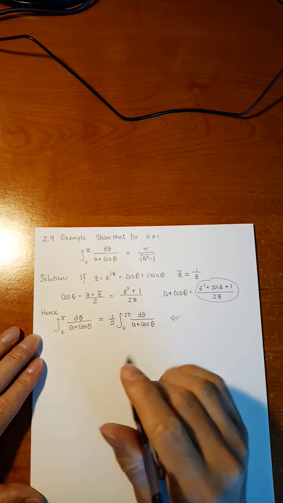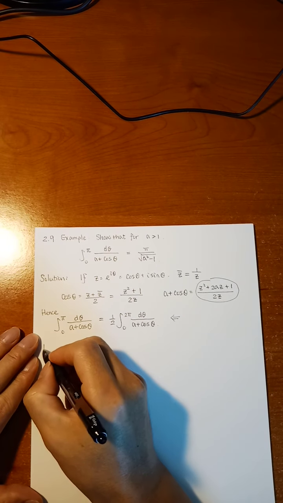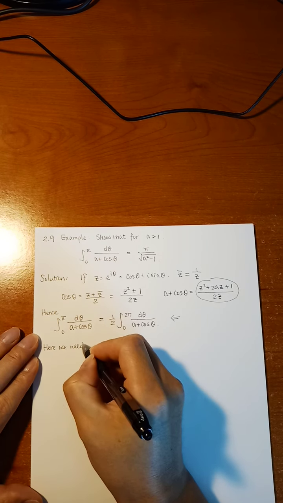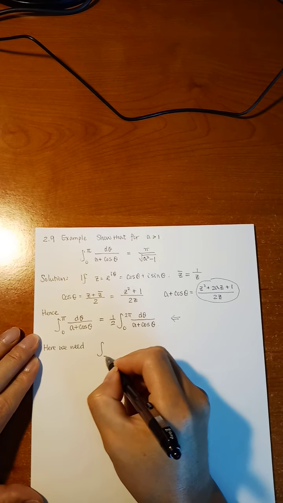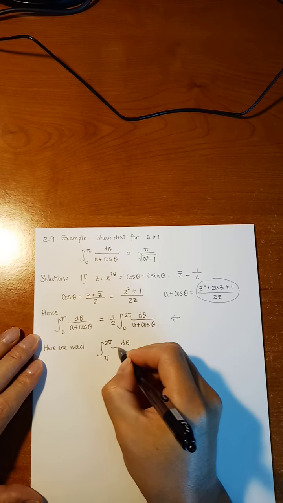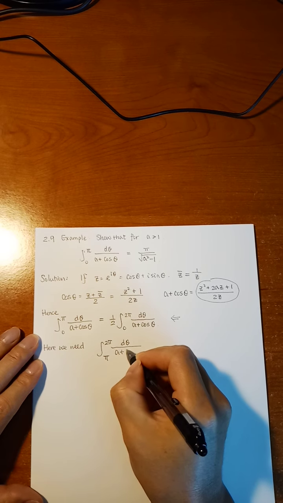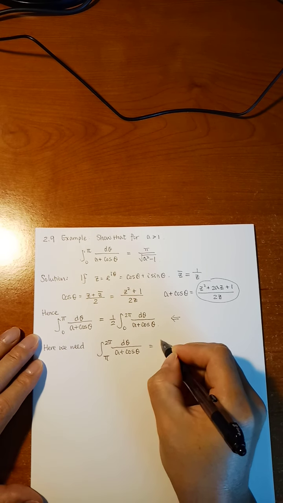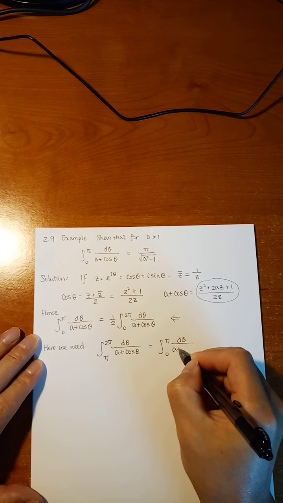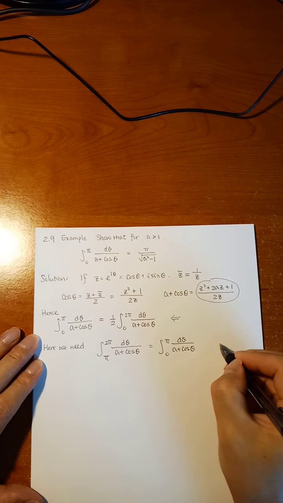Here we need the integral from pi to 2 pi of d theta over a plus cosine theta to be equal to the integral from 0 to pi of d theta over a plus cosine theta. We need this result.